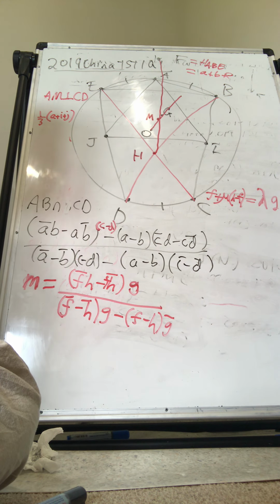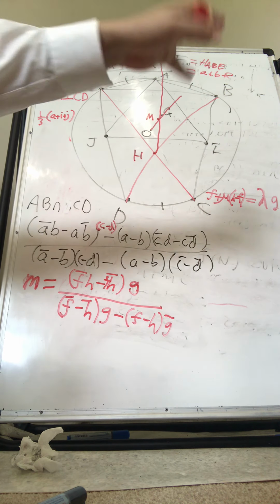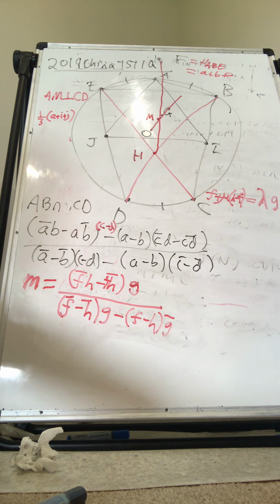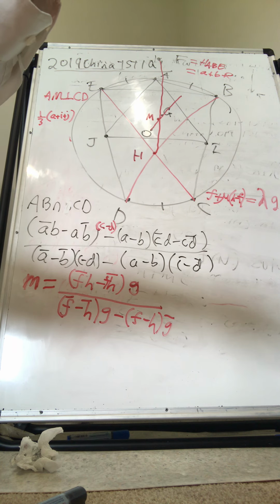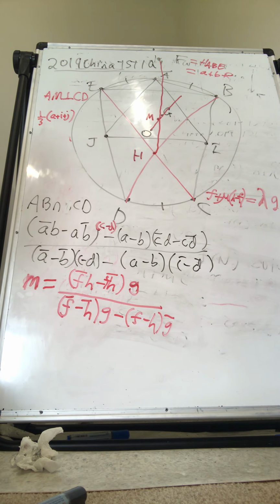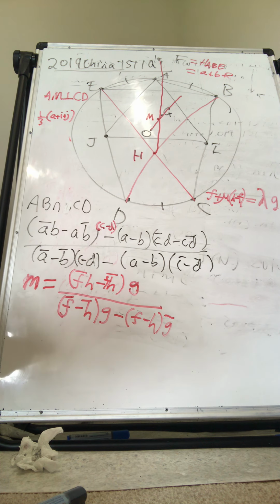It looks kind of weird because you've got two variables, lambda and mu, and one equation. But in complex numbers, every time you have one equation, it's really two equations, because it's imaginary and real. Complex numbers have two numbers in them. Real is just x plus x bar times half, and imaginary is x minus x bar.